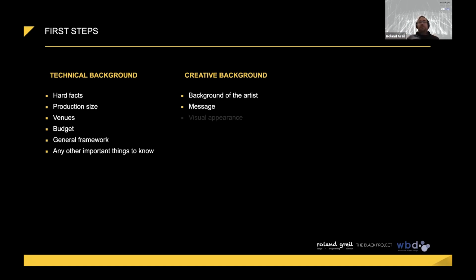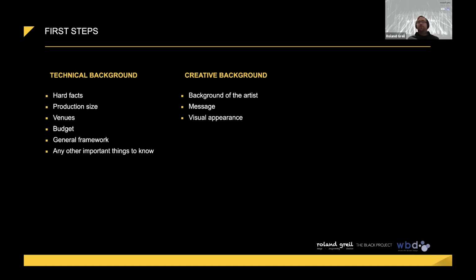Then you've got to think about a visual appearance. Let's stay with the artist. They've got a visual appearance, which is like a red line through their artwork on album covers, what kind of clothes they are wearing, how they show themselves in public, because that's an important element.